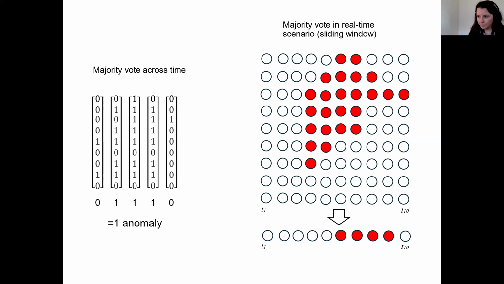It's not until this time step here that we finally have 3 out of the last 5 time steps, do we have an anomaly, a majority anomaly across the 9 models. So it's a little bit involved, honestly, but it does help when it comes to getting true anomaly results, if that makes sense.